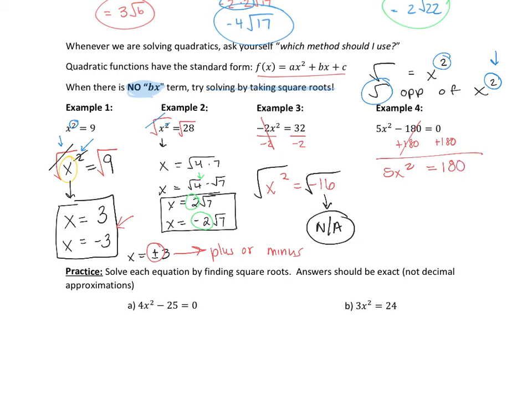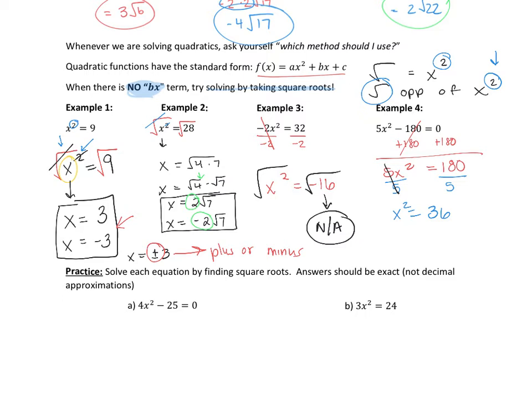Now, x squared is still not by itself, right? There's a 5 in front. So what I need to do to get x squared by itself is divide. Okay, now my 5's will cancel out, and I'm left with x squared equals 36.